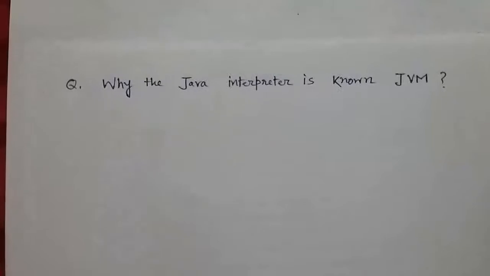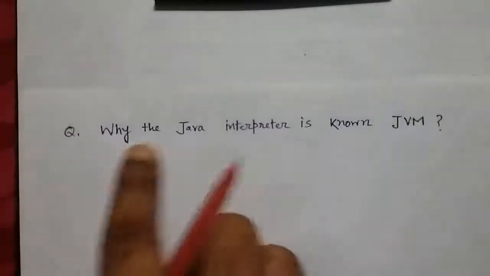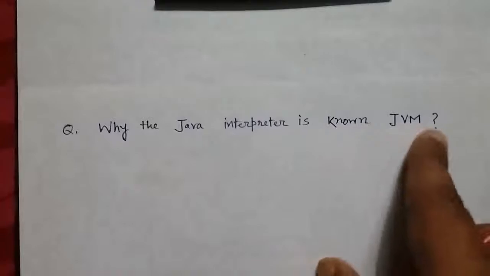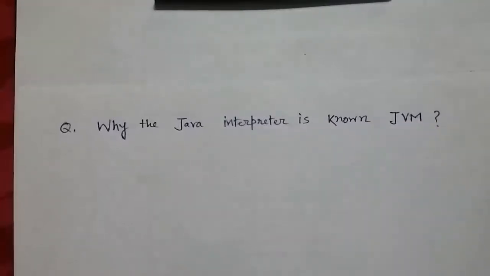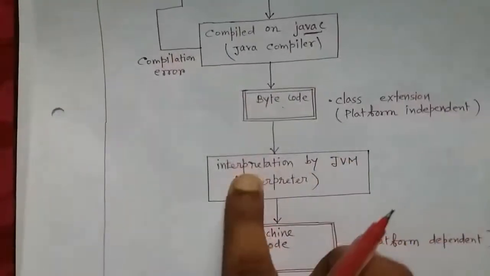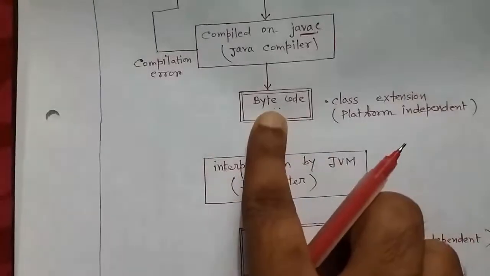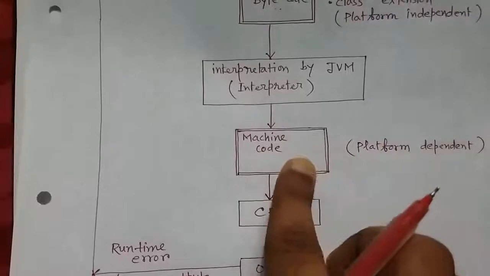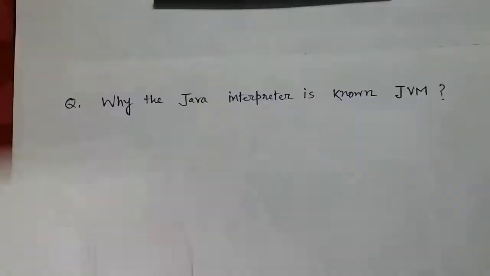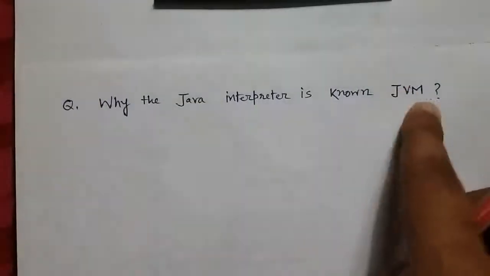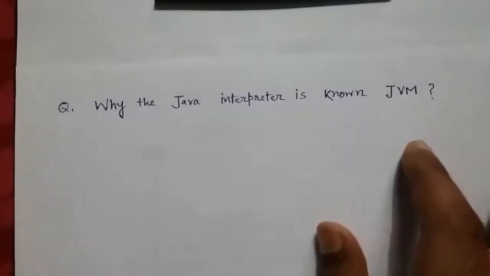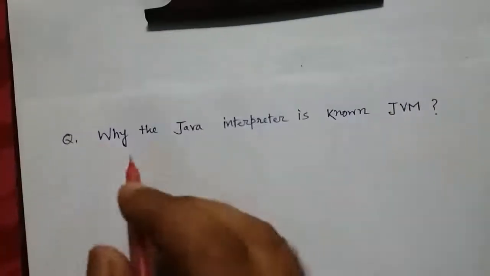Now one question may be asked: why is the Java interpreter known as the JVM? The Java interpreter converts the bytecode to platform dependent machine code. So why is it known as Java Virtual Machine or JVM? I am writing the answer.